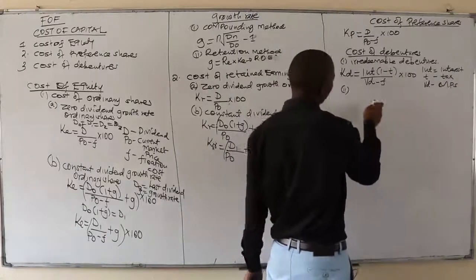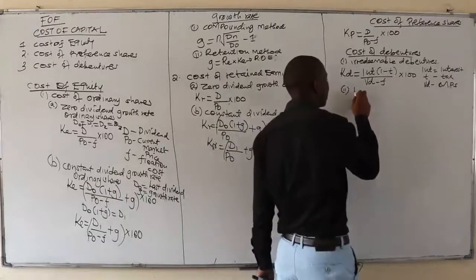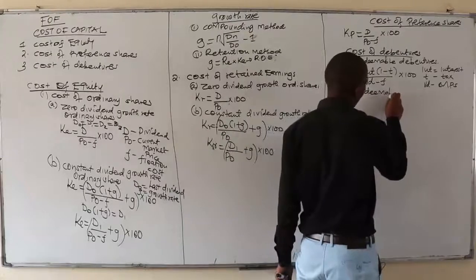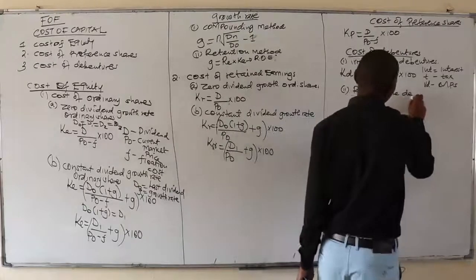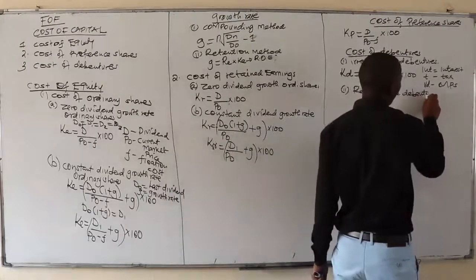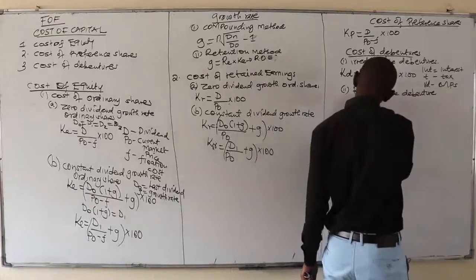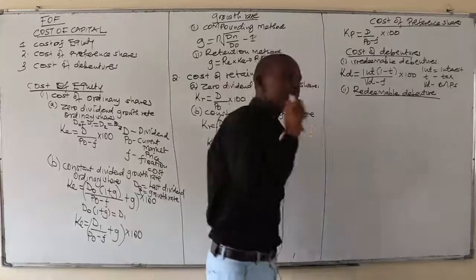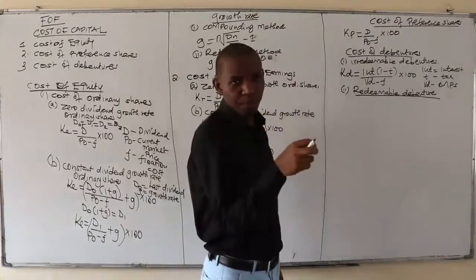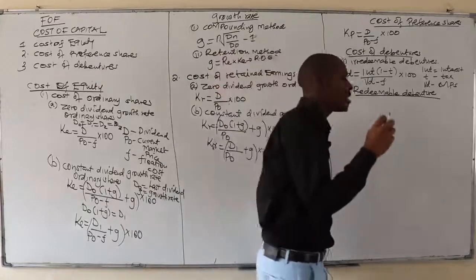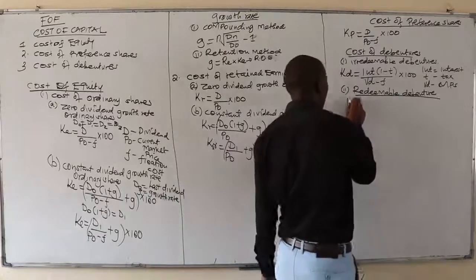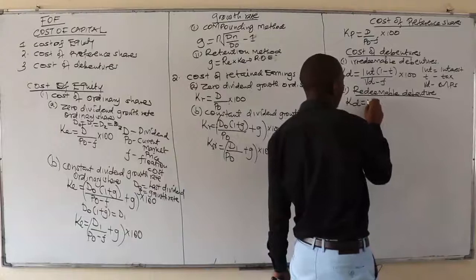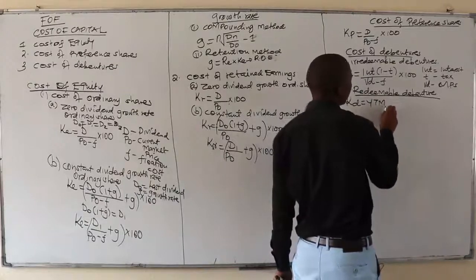Then number two, we have the redeemable debentures. Redeemable debentures are those debentures that have a defined maturity period, meaning there is a time that they are going to mature. Therefore, to get the cost of a redeemable debenture, we also call it the yield to maturity.